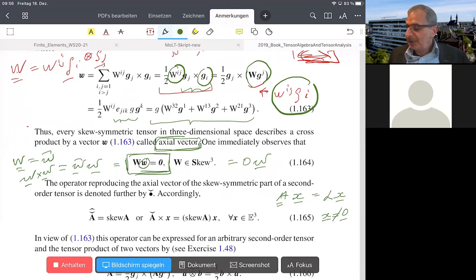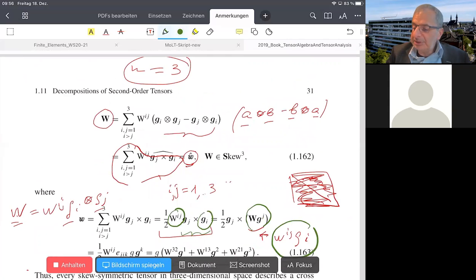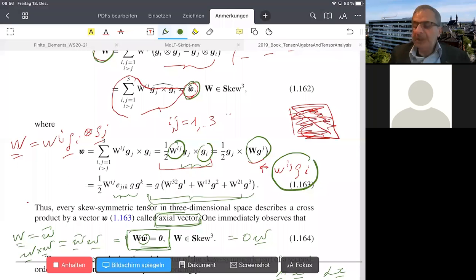And now I would like to formalize this result, namely this operation. So in principle, you see what we did here. We started with an arbitrary skew-symmetric tensor and got an axial vector of it, right? The axial vector by means of this operation, for example, in this way, right?